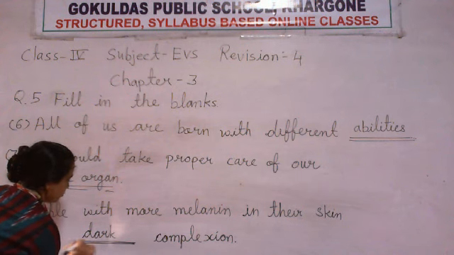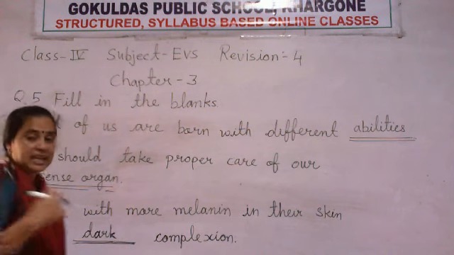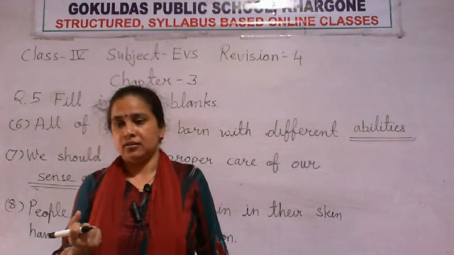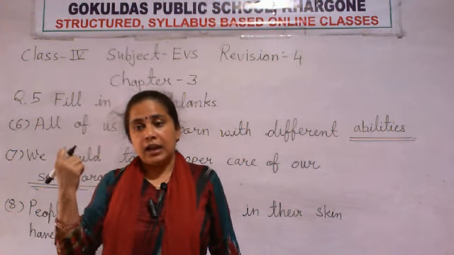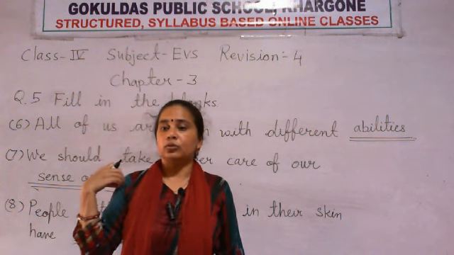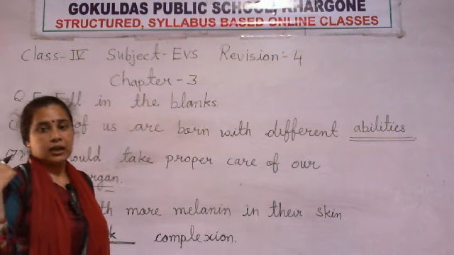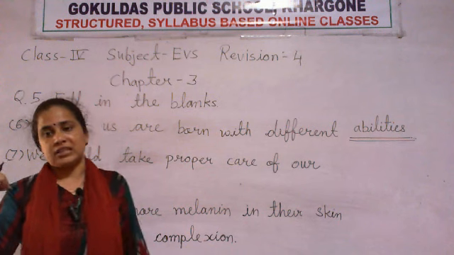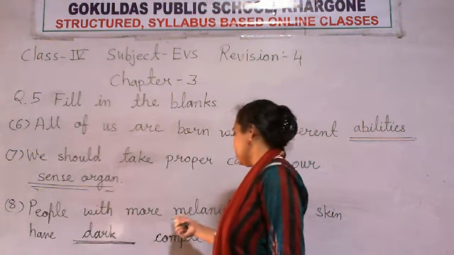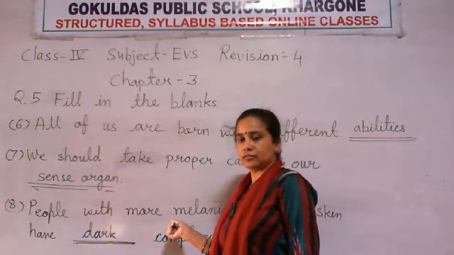Means people who have more melanin in their skin, ज़्यादा होता है melanin, तो उनका रंग कैसा होता है? Black. Okay? If less melanin is present in your skin, it gives you fair color. The presence of melanin depends on your type of skin color. If more melanin is present in your skin, it gives you dark color.